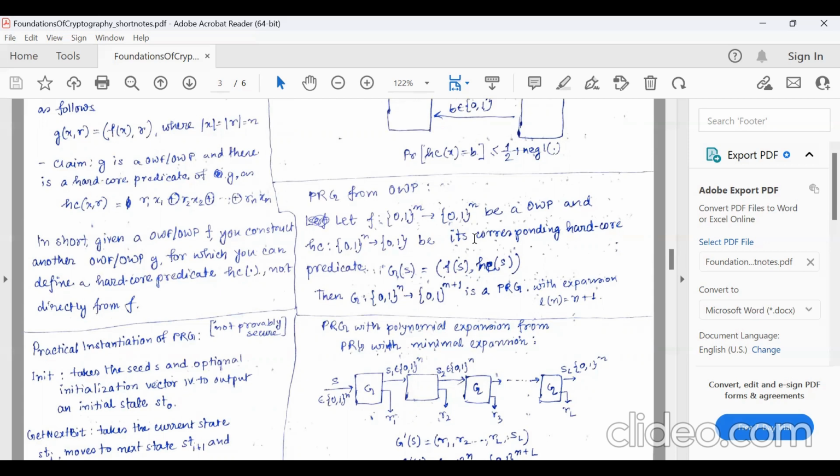So you need practical efficiency for real world implementation, and for that you actually deal with LFSR based PRG.